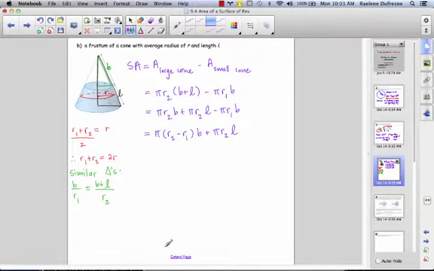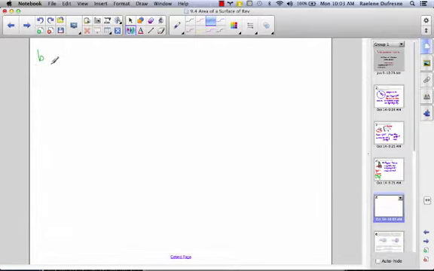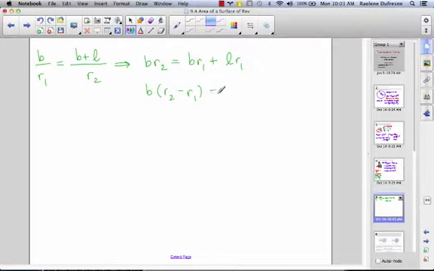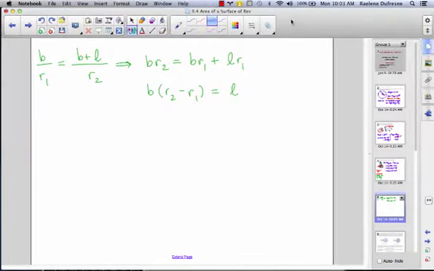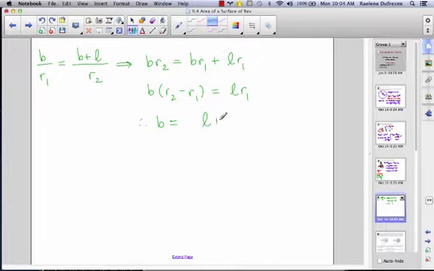I think I'm going to do that on the next page just because I don't want to make it really small. So b over r1 is equal to (b plus l) over r2, which implies that b r2 is equal to b r1 plus l r1. And solving for b, we can take all the b terms to one side, and therefore b is equal to l r1 divided by (r2 minus r1).